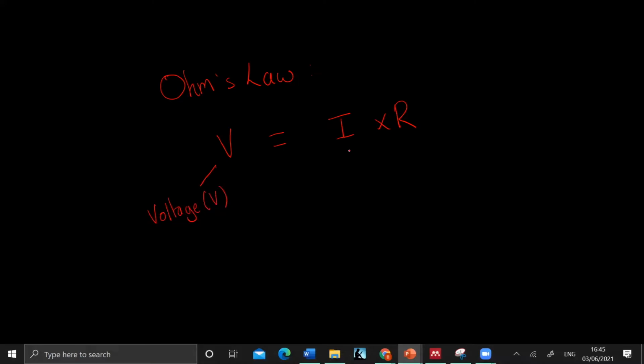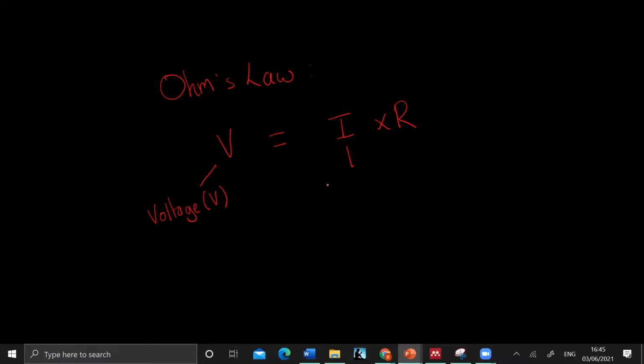Okay, so let's talk about Ohm's law. Ohm's law, named after George Ohm, in symbol form is V equals I times R. Here V is for voltage, which is measured in volts, and that's nice and straightforward.